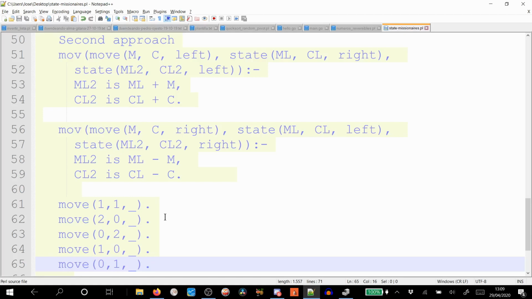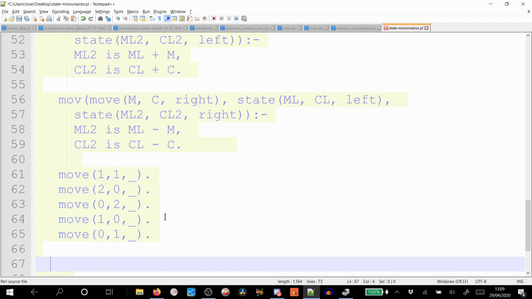So perfect. We need one more thing. We have to check when it's a valid or not valid state, because here we add and delete missionaries and cannibals, but what happens if I don't have missionaries to move? Probably I will reach a state that is not valid. So let's go right here.